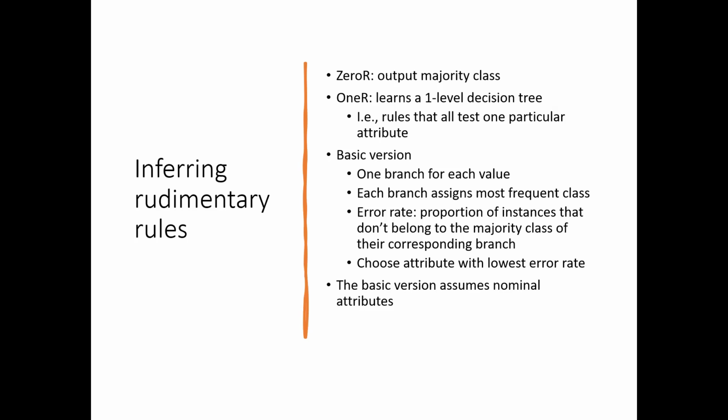For example, Outlook has 3 branches: sunny, rainy, and overcast. For each of these, you look at the class label, and then you use the most frequent value to make a rule. By repeating that, you can work on all the attributes.